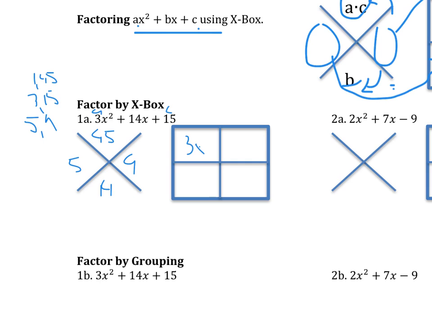So up here we get 3x squared. Here we get 15. And then we get 5x there and 9x there. It does not matter which one you put of those two. And then what we're looking for is, as we go this way, what's my GCF between 5x and 15? Well, that's 5.